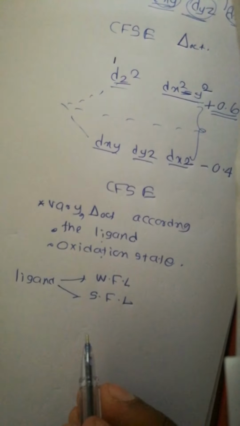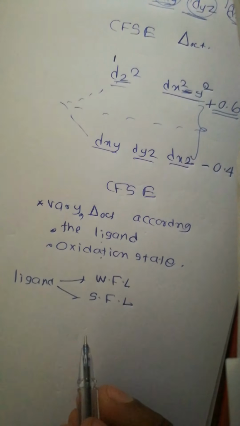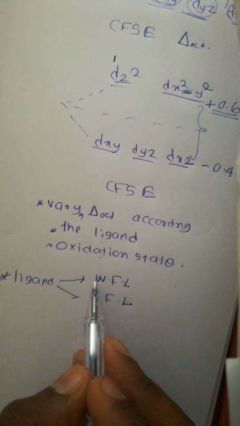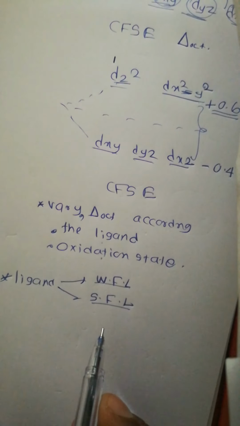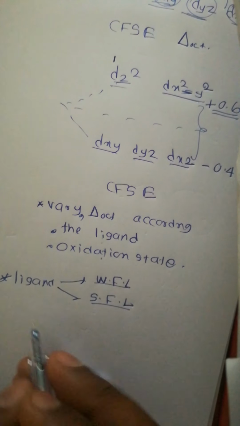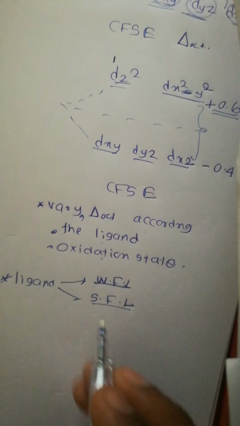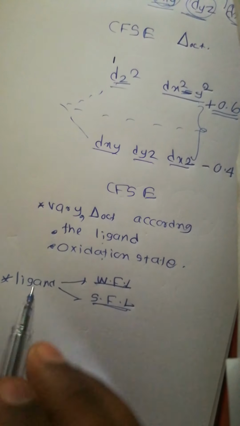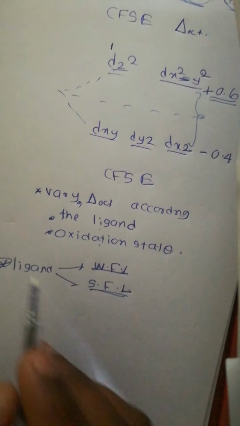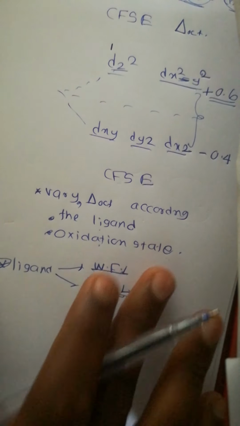With a high oxidation state, the splitting energy also increases. I will discuss weak field and strong field ligands in another video, because I don't have time to discuss them in this video.